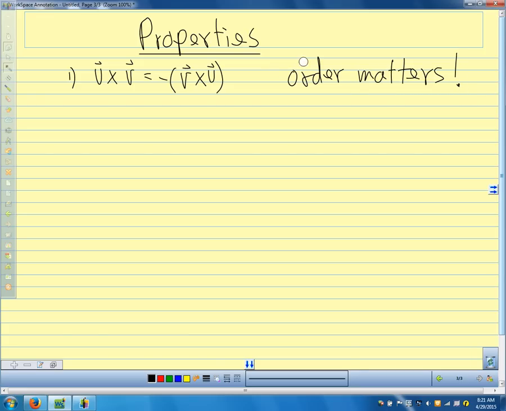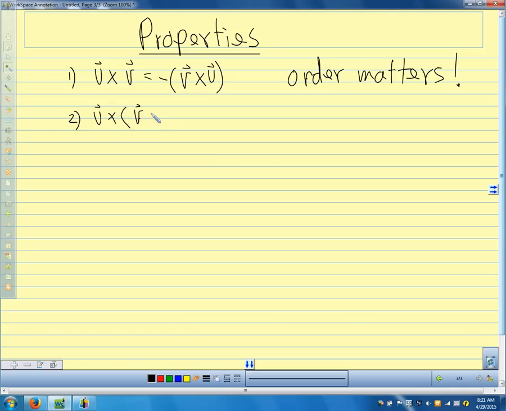So we can't do the cross product just in any old order. We have to be careful with the order that we use when we do cross products. The fancy way of saying that is cross product is non-commutative. We can't just change the order. We can distribute using a cross product as long as we keep the order the same.